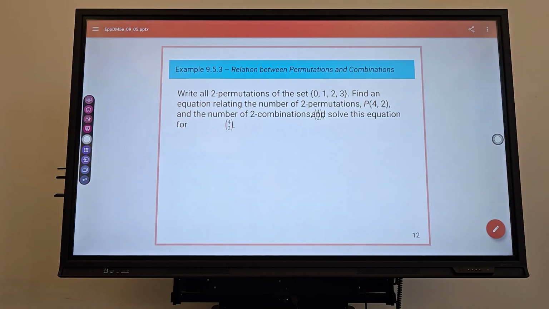Write all 2-permutations of the set 0, 1, 2, 3 and find an equation relating the number of 2-permutations and the number of 2-combinations, 4 choose 2, and solve the equation for 4 choose 2.